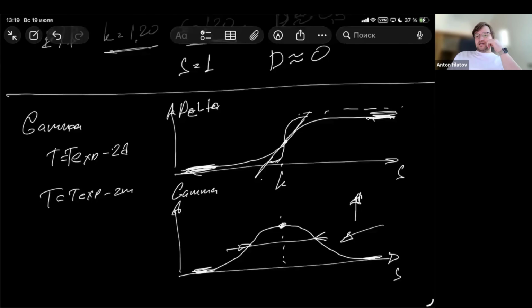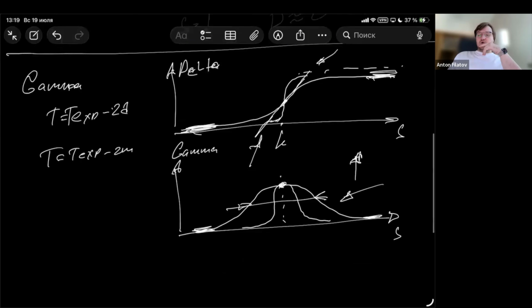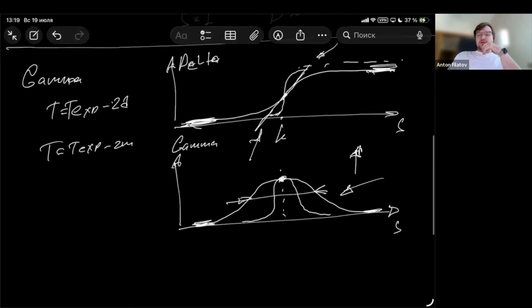Because it's already seen here that the derivative is close to 0. So at first glance, again, I will draw something that may not be quite correct, as we will see later. But it seems that it should be like this, right? Makes sense.